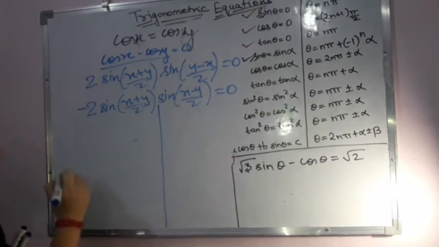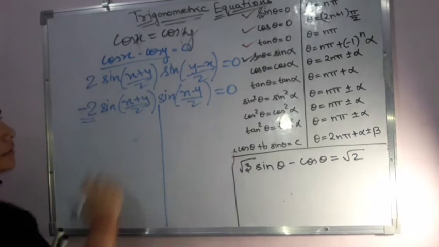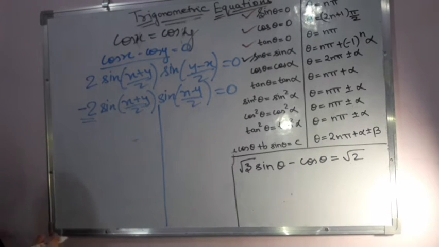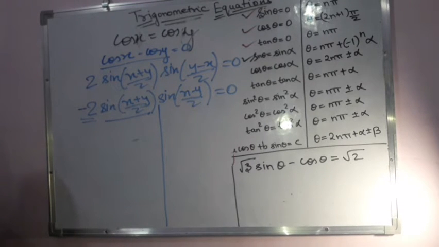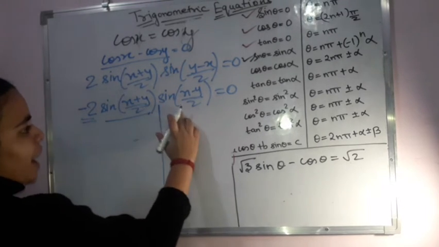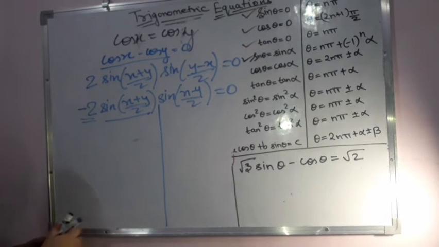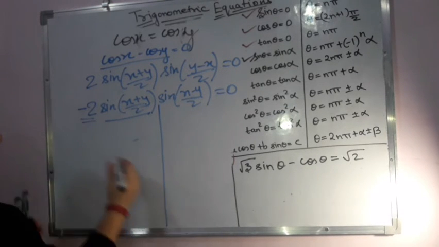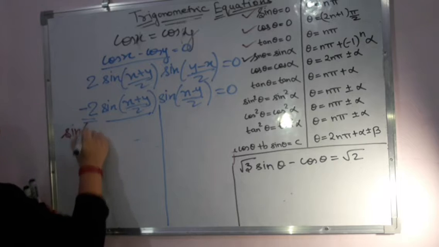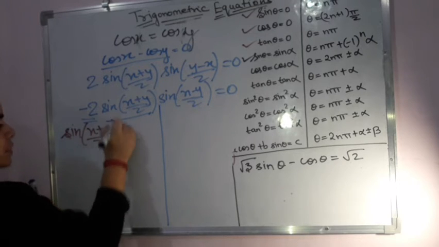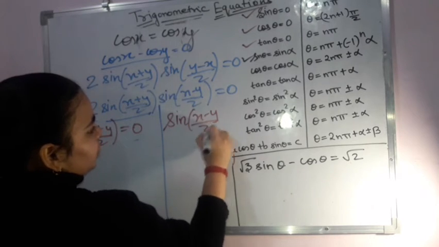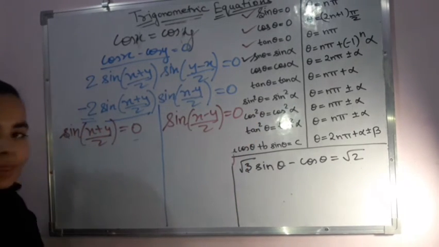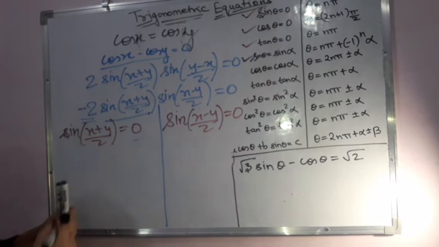Now that means minus 2, if it goes to this side, becomes 0 only. So either sine (x plus y) by 2 is equal to 0 or sine (x minus y) by 2 is equal to 0. Writing both of them and solving them separately. We have seen, let us assume this to be theta again.